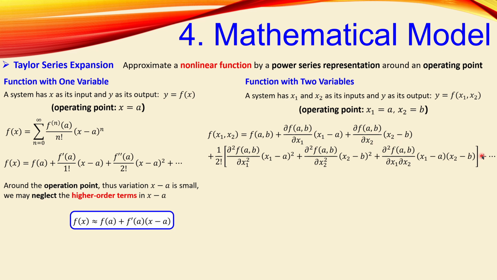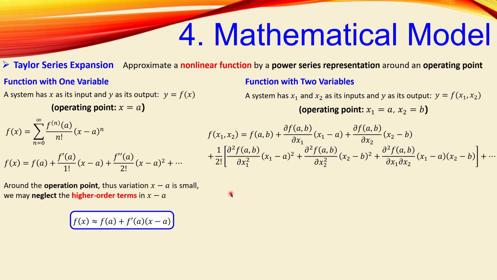Then move on to 1 over 2 factorial as we did here, and take the second derivative with respect to x1, and also the second derivative with respect to x2, and also the first derivative with respect to x1 and then x2, times x1 minus a times x2 minus b, and so on. So you can see we now have three terms here and it will only get larger and larger.